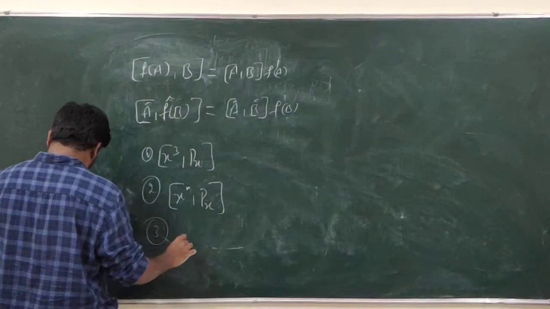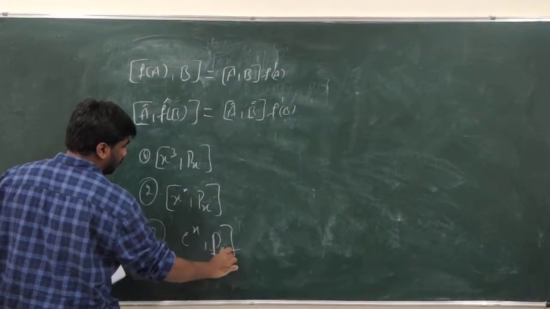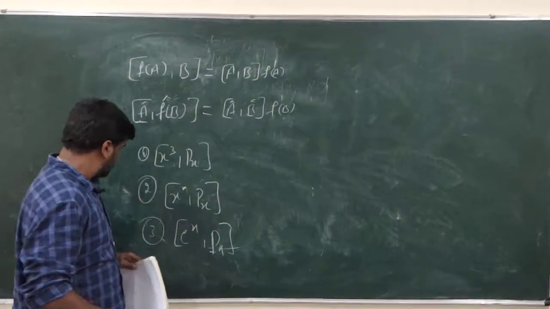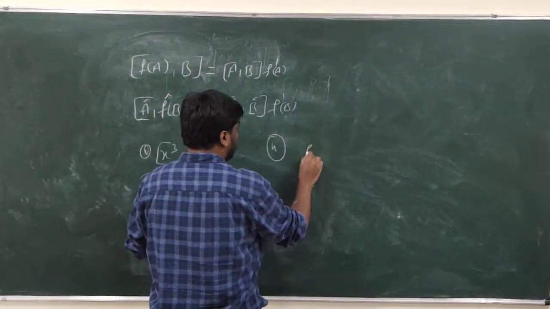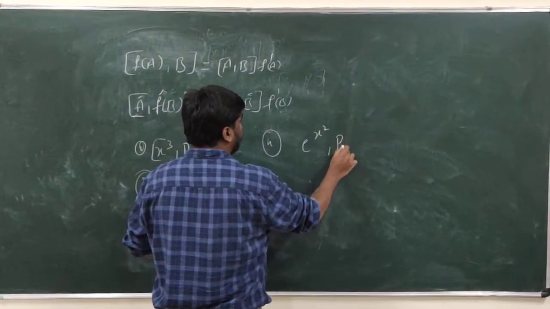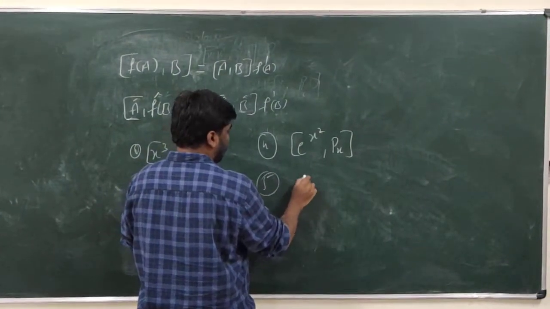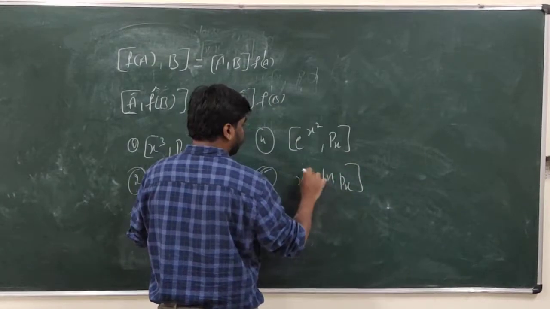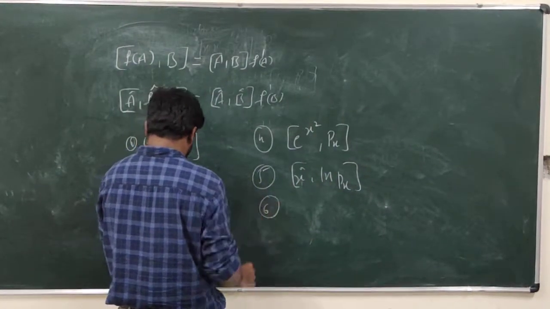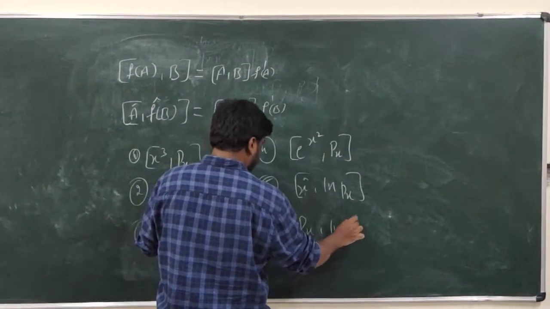Third one, [eˣ, px], and fourth one, [e^(x²), px]. Fifth one, [x, ln px]. Next, [px, ln x].